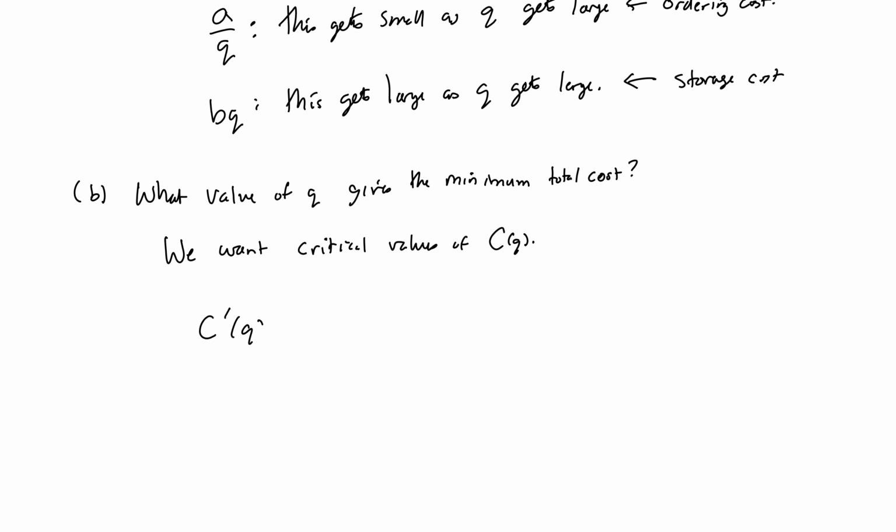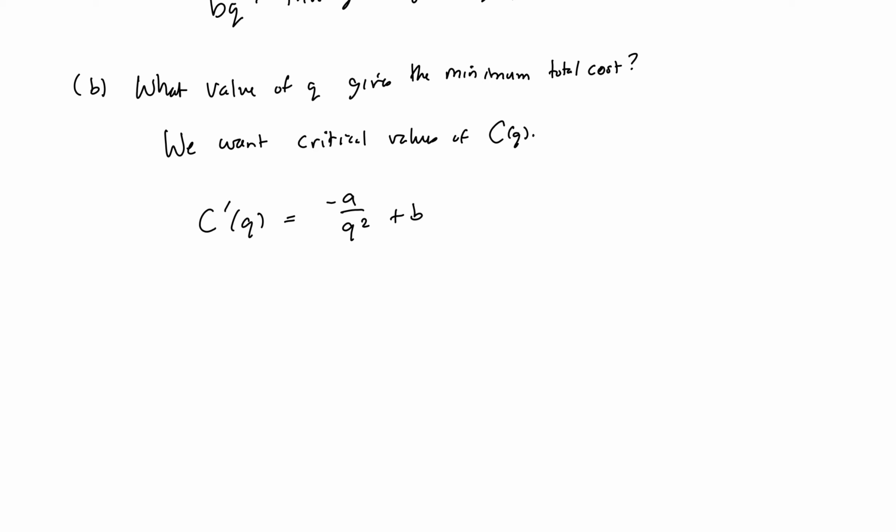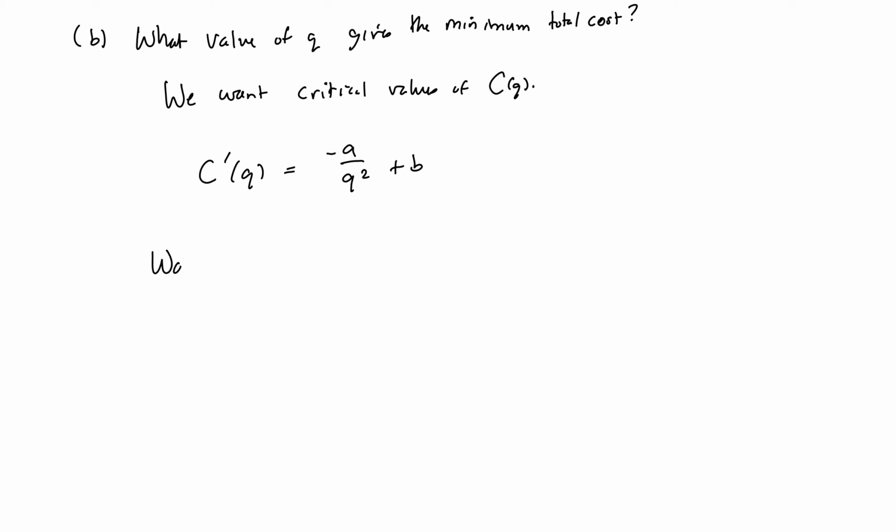So C prime of Q is going to be minus A over Q squared plus B. Now the critical numbers would be where this is 0 or undefined. It would be undefined where Q is equal to 0, but clearly we need to make an order, so we don't want to worry about that. So we want where C prime of Q is equal to 0.